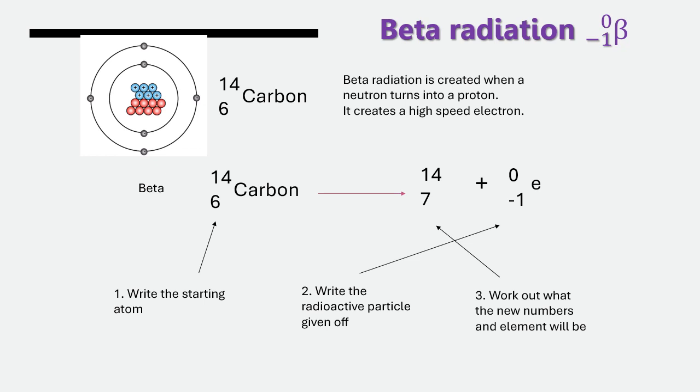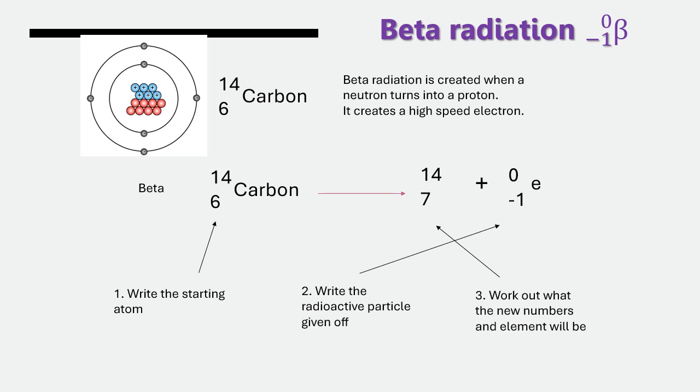Now this makes sense because if we think about what's happened in the nucleus of the atom, we started off with 6 protons and we've turned one of the neutrons into a proton, so that has increased in size from 6 to 7. And also the number of particles inside the nucleus hasn't really changed because a neutron was in the nucleus anyway and it's turned into a proton which is still in the nucleus.